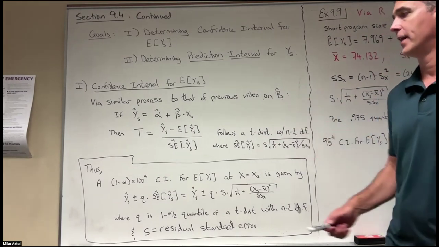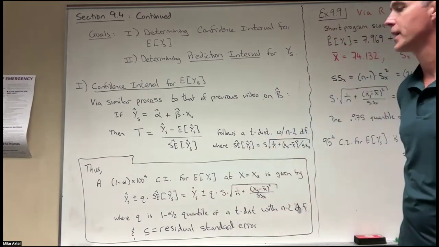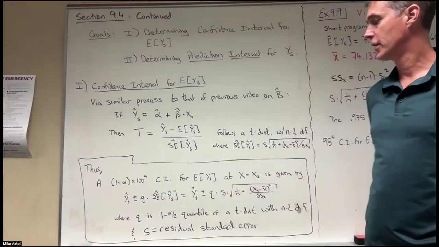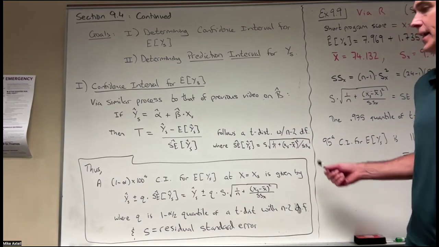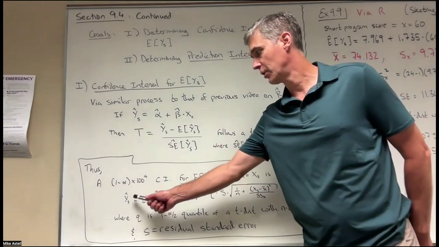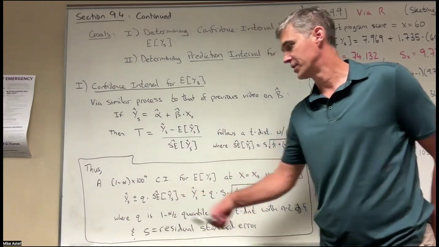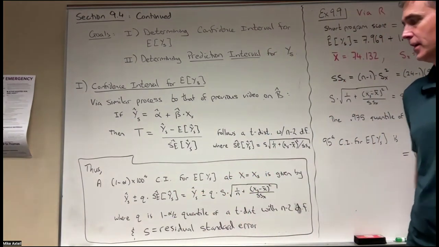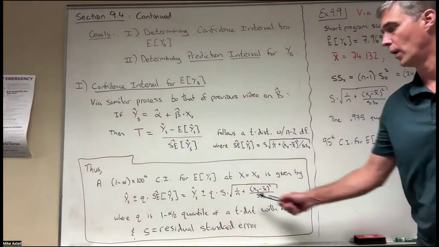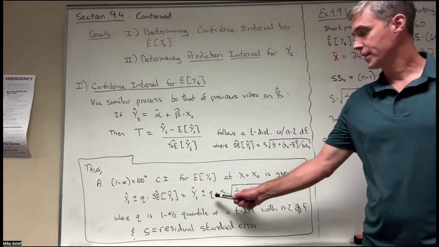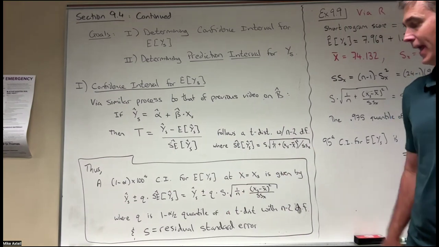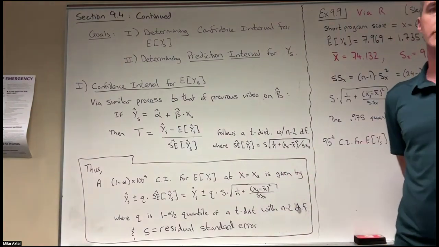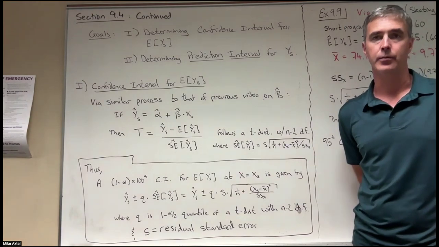If we have all that, then a 1 minus alpha, 100% confidence interval for the expected value of y sub s at a specific x value, x sub s, is given by what the model tells us, plus or minus this quantile times the standard error of y sub s hat, where that quantile is from the t-distribution with n minus 2 degrees of freedom. And s, as you recall, is the residual standard error, okay?